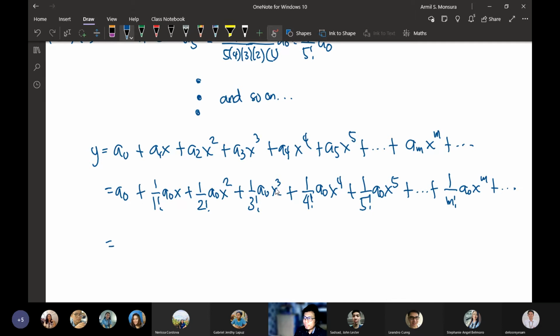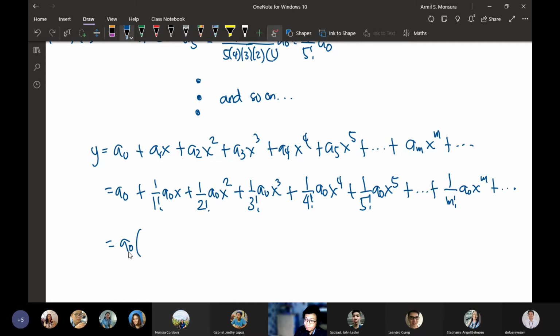As we can observe from the expression here, as you can see, common yung a0. So, we can actually factor it out. Okay, very good. So, we can factor out a0. What will be the common factor?